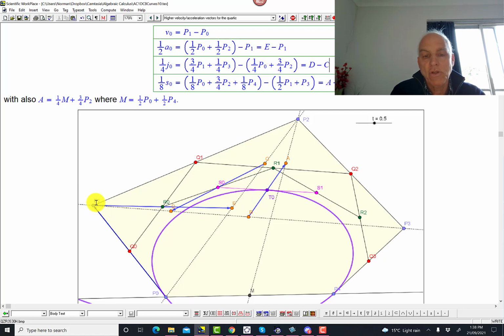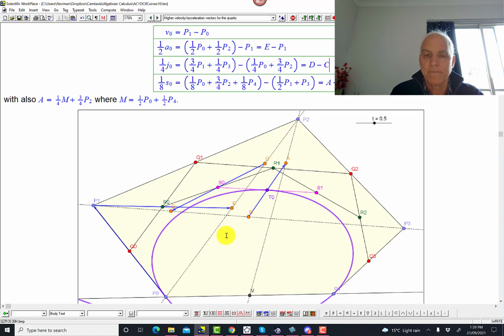So you can see that half of the acceleration is the vector from P1 to E. So the full acceleration would be twice that. And notice that in this case, it appears to go through R0. Maybe it even looks like R0 is the midpoint there. That's something that we could easily check. You could easily check whether that's actually the case or just a happy accident.